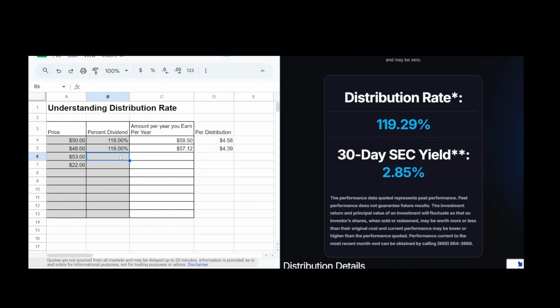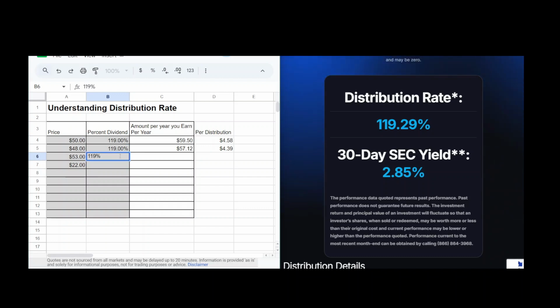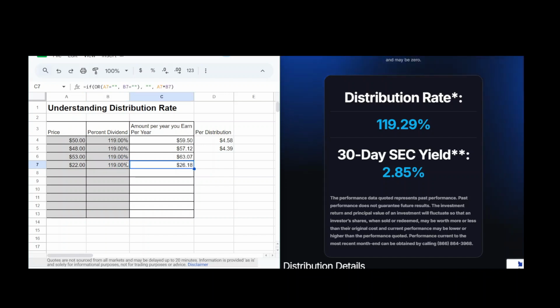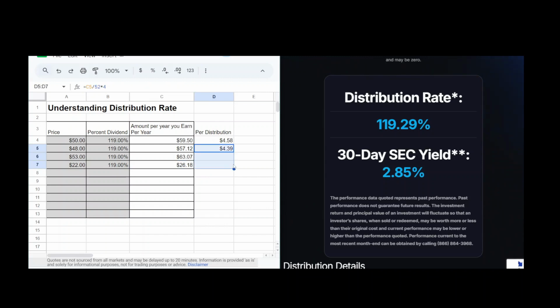And we're going to keep again at that 119% for both. So for the $53 one, we just earned $63.07 for the year. For the $22 one, we just earned $26.18 for the year. What is each distribution payout? $4.85 on the 53 and $2.01 on the $22.